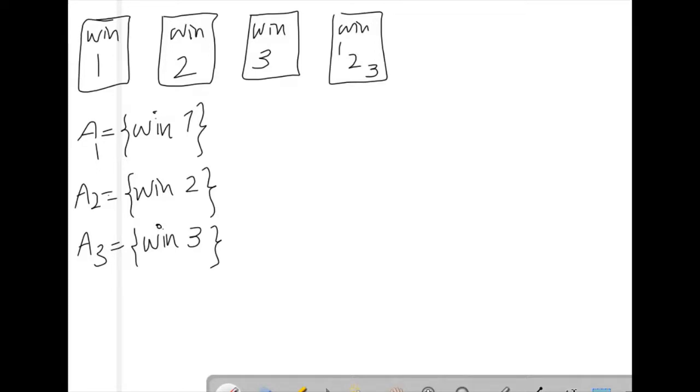So what are the probabilities of A1, A2, and A3? We want to calculate the probability of A1, the probability of A2, and the probability of A3.